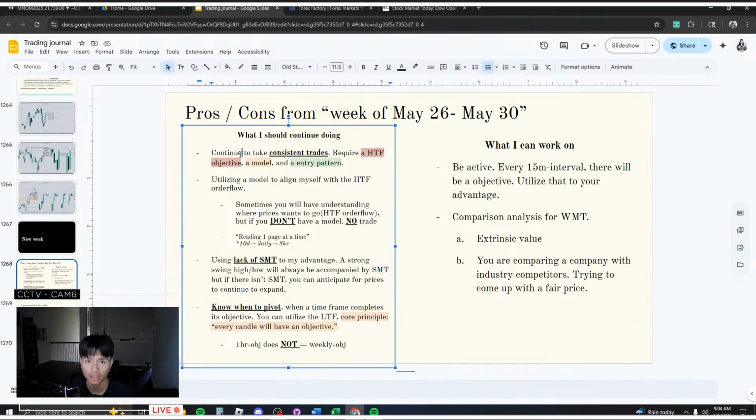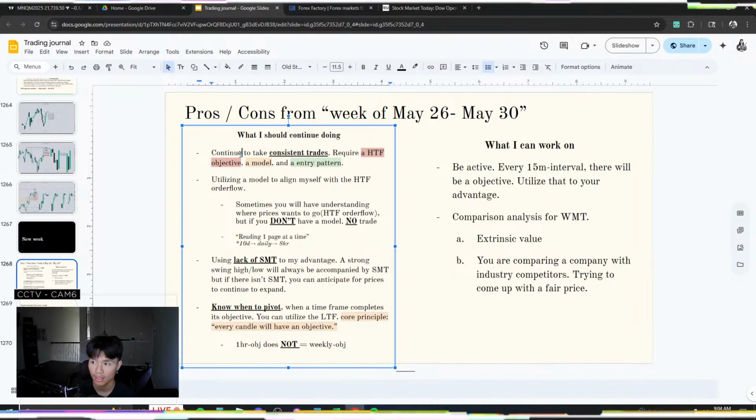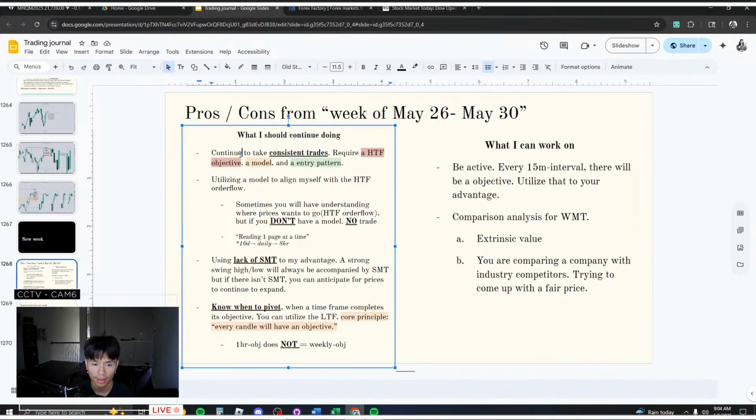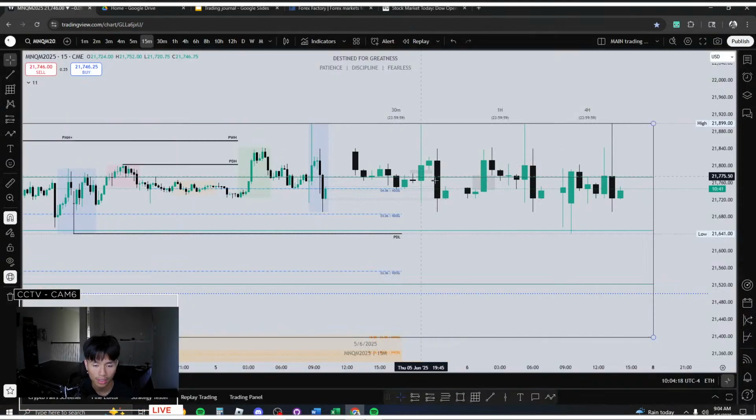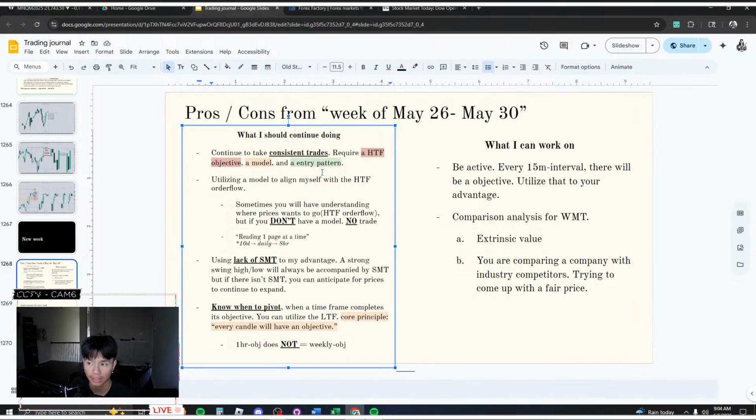I required 3 components, 3 principles in my setup, which is the higher time frame objective. So for this morning, it would be that 4-hour low, right? That's the higher time frame objective. I'm seeking lower prices. A model, I don't essentially have a model, which is why I'm not taking a trade. But higher time frame objective, a model, and the entry pattern.